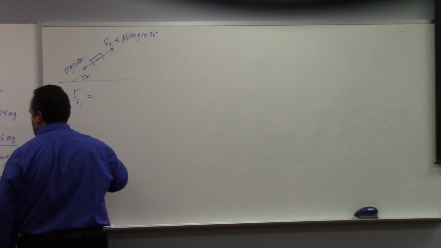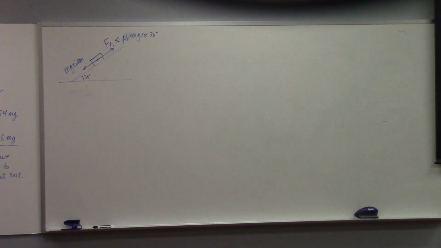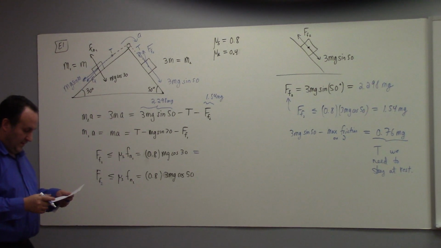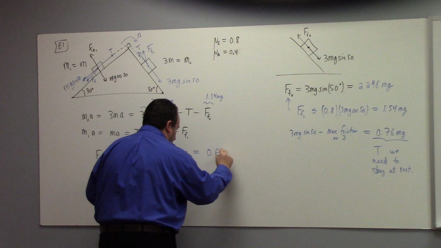Maybe I should just put the number in over here. So the max force of friction on 1 works out to what? What's 0.8 times mg cosine 30? That works out to 0.693 mg. All right?